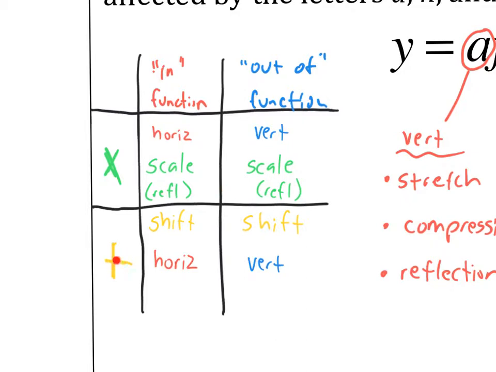And any addition or subtraction is going to be a shift, a translation. So if I am adding inside the function, it's a horizontal shift. One thing we want to point out here is that this one is not used very often. It's there, but it's a little bit more complicated to analyze. So for our purposes in this class, we're going to skip mostly that one, okay?